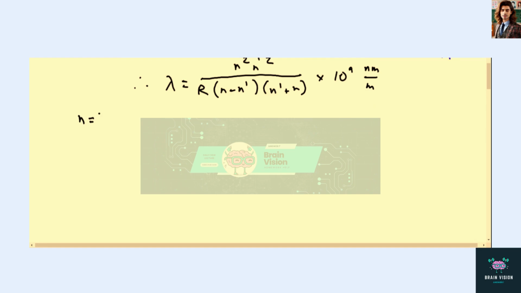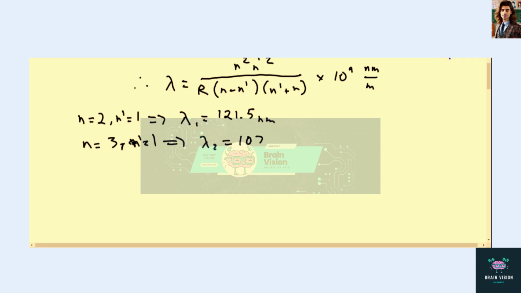So going from n equals 2 and n prime equals 1, from the second state to the ground state, we know that wavelength is 121.5 nanometers. Going from n equals 3 back to the ground state, n prime equals 1, we can see that wavelength is equal to 102.6 nanometers.